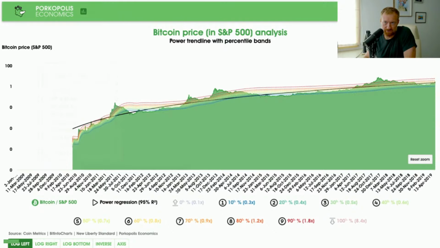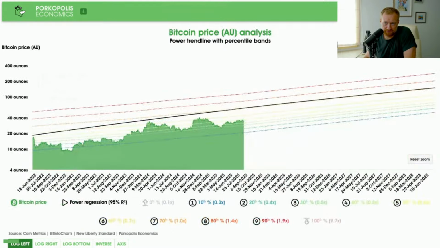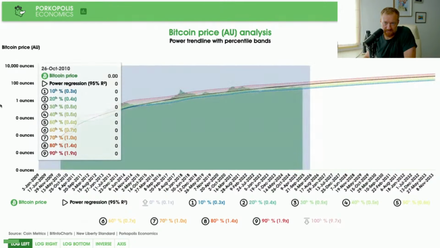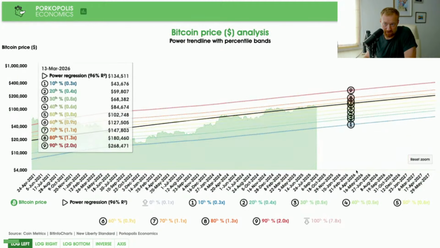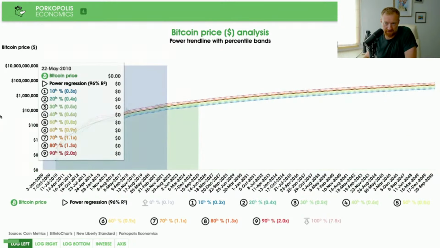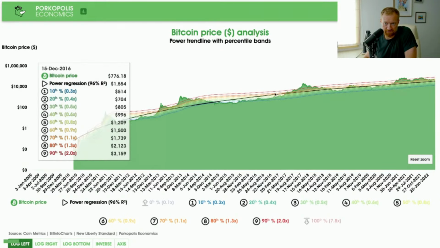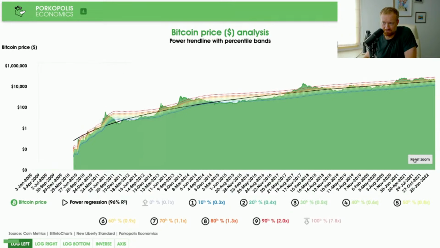Because just like with gold, just like with stocks, we extend above the 90th percentile each time. And of course, just like with the dollar, we extend well above each time, each bull.